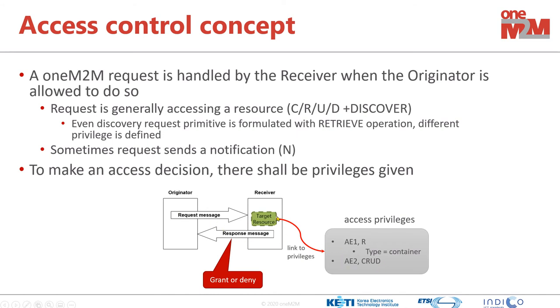In this case, the resource is linked to privileges, and of course the privileges are stored in the form of a oneM2M resource. By abstraction, AE1 has the right for the retrieve operation on this resource, so that is the linkage, and AE2 is an entity that can create, retrieve, update, and delete this resource.